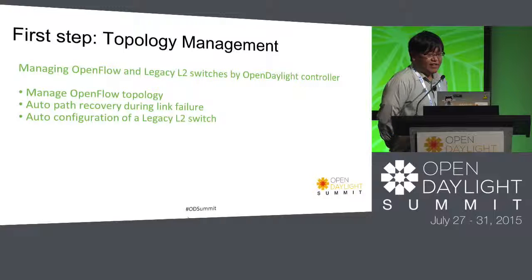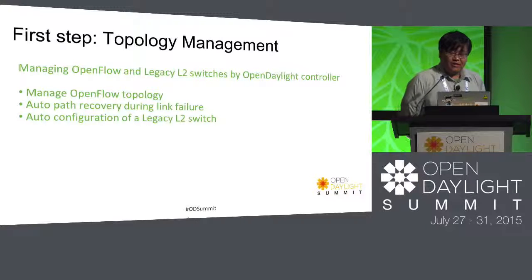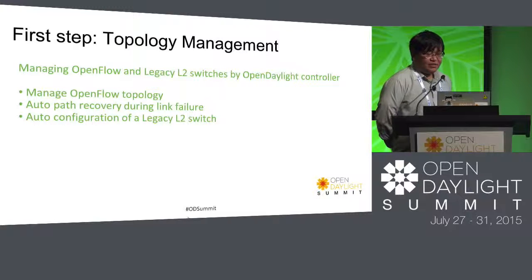I want OpenDaylight to manage both. To do this, OpenDaylight has to meet the following three things. First is to manage the OpenFlow topology in the mixed environment. Second is to recover paths during path failure. Last is to reconfigure the L2 switch.